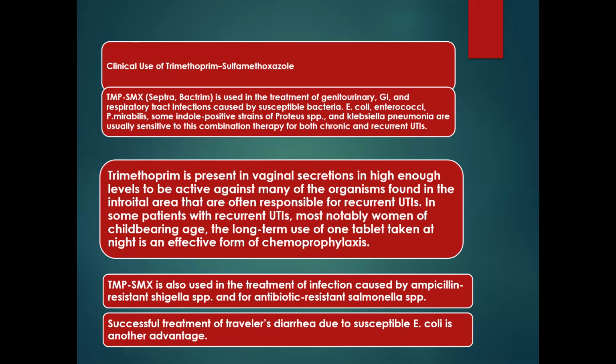This drug is present in vaginal secretion in high levels. As such, it can be used to treat vaginal infections that are susceptible to the drug, among men of childbearing age. It can also be used as a long-term chemoprophylaxis.